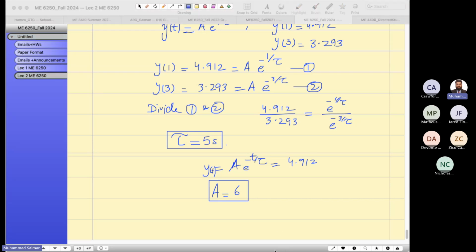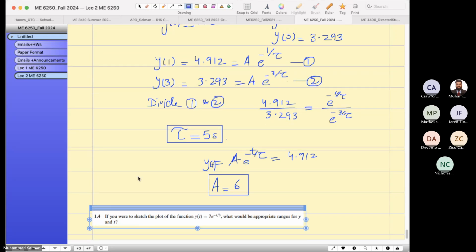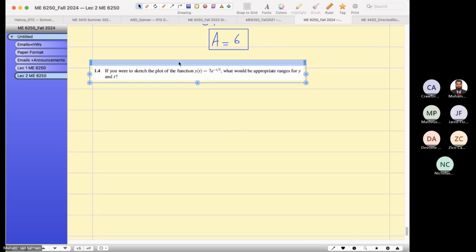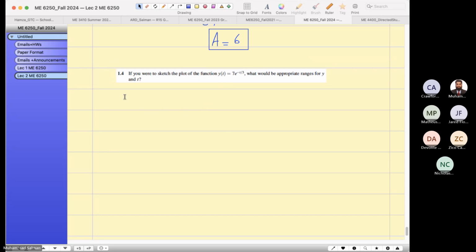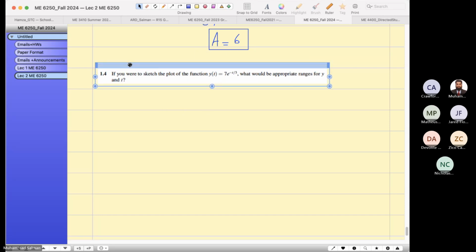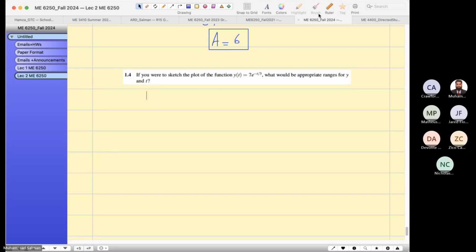So let's do one more problem. The question is, if you were to sketch the plot of the function with t over 3, what would be the appropriate ranges for y and t?